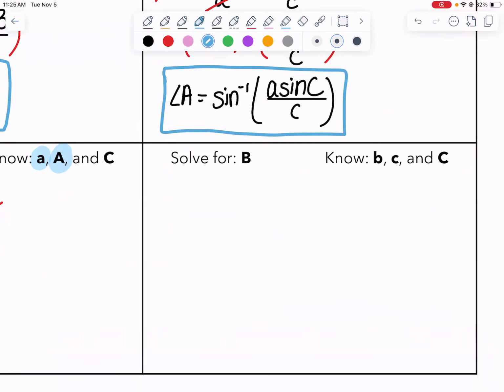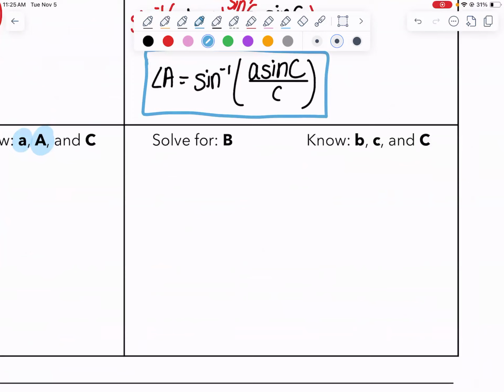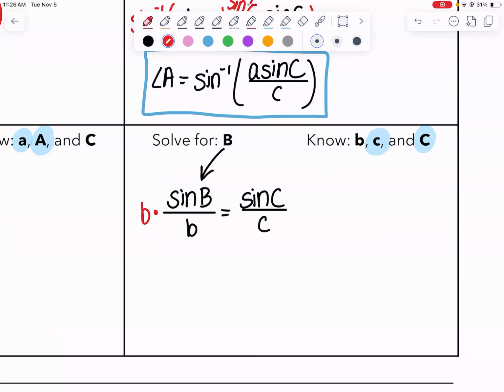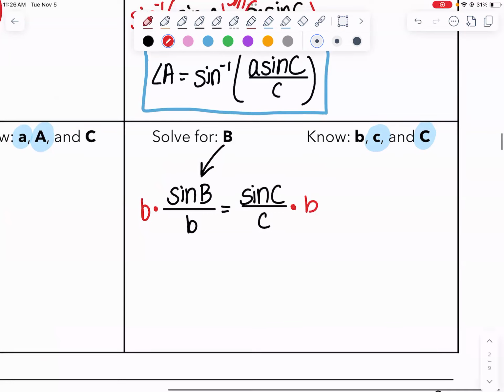All right. Solve for angle B. So we have sine of angle B over baby B. And the thing we know everything about is C. We know baby C and big C. So sine of angle C all over baby C. To get sine of angle B by itself, multiply by B on both sides.